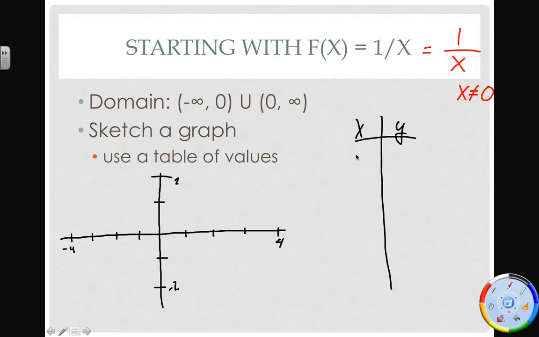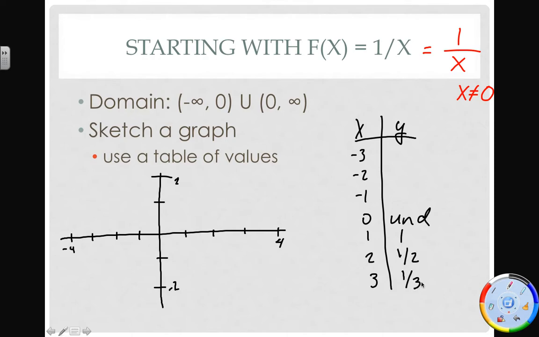All right, so what we're going to do here is go negative 3, negative 2, negative 1, 0, 1, 2, 3. Now, hopefully you know right away that 0 is impossible. We can't plug 0 in because we just said we couldn't. So this is an undefined term. But we can use the other ones. When x is 1, we plug that in, we get 1 over 1. That's nice and easy. That's just 1. And then when x is 2, I get 1 over 2.